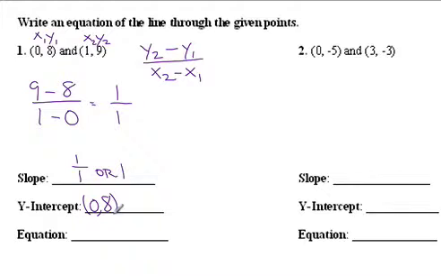So the equation I would write would be y equals 1x plus 8. Do I have to show the 1? You don't. You could, it wouldn't be wrong. Okay, you go ahead and do number 2. Figure out the slope, figure out the y-intercept, and then write the equation, and we'll see if you get it right.